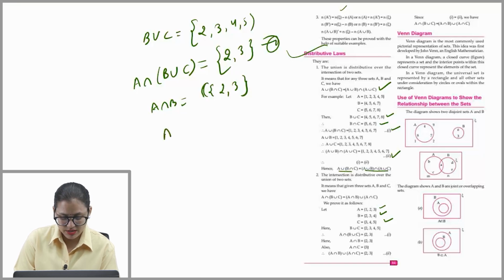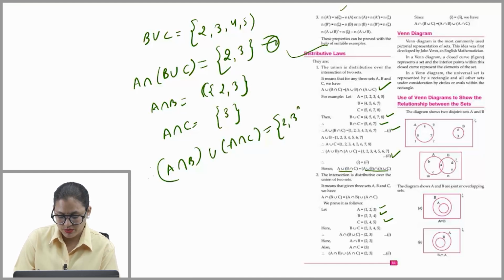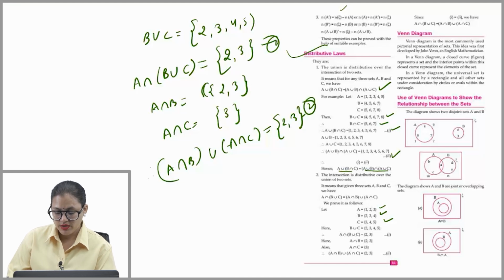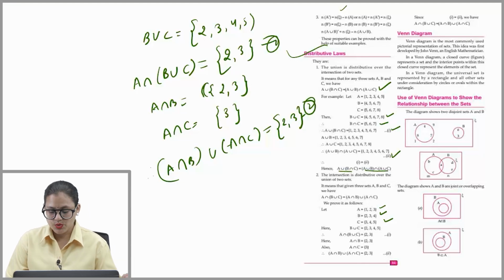And A intersection C is equal to {3}, right? Then therefore (A intersection B) union (A intersection C) is what? {2, 3}. Okay, this is 2. So from 1 and 2, 1 is equal to 2, we have this law.